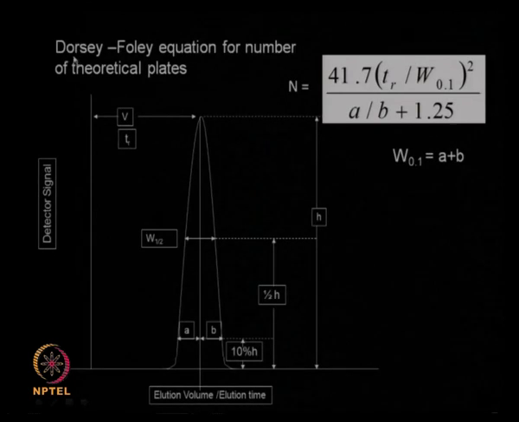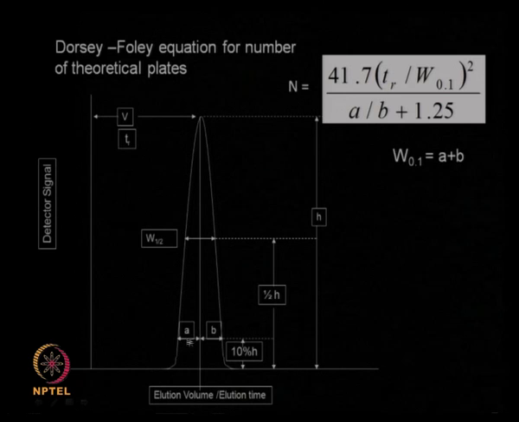There is another relationship called the Dorsey-Foley equation for calculating the number of theoretical plates, given by this relationship, and the assumption here is the peak is not uniform with respect to the center. There is a non-uniform region between the left side of the center and the right side of the center.